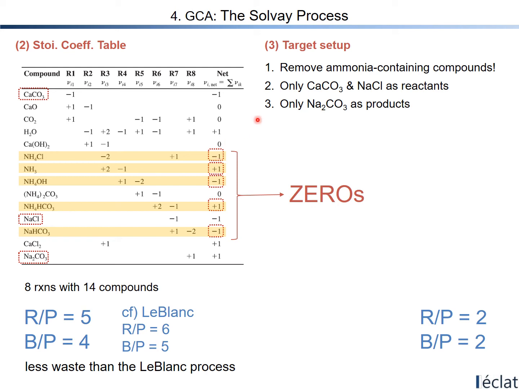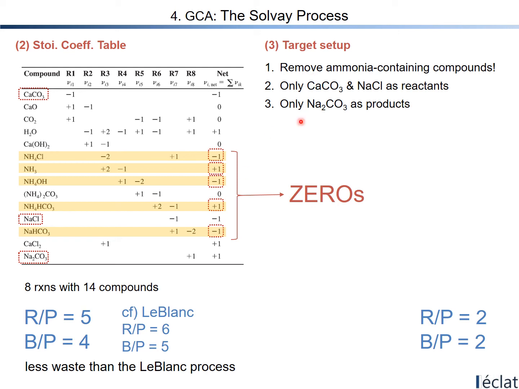The other target is I want to have only calcium carbonate and sodium chloride as reactants, like in the Leblanc process. So I want to kill the other thing, sodium bicarbonate as reactant.